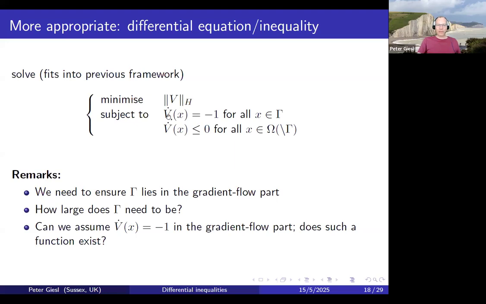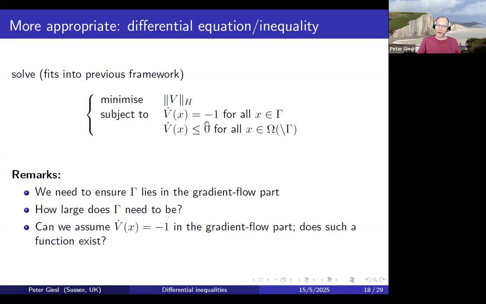We want to find a function where v dot, and that's a linear operator applied to v, is -1 for some area, and it's smaller or equal to 0 for the other area, or actually for everything, if you want to say. So basically now we allow for chain recurrent sets.